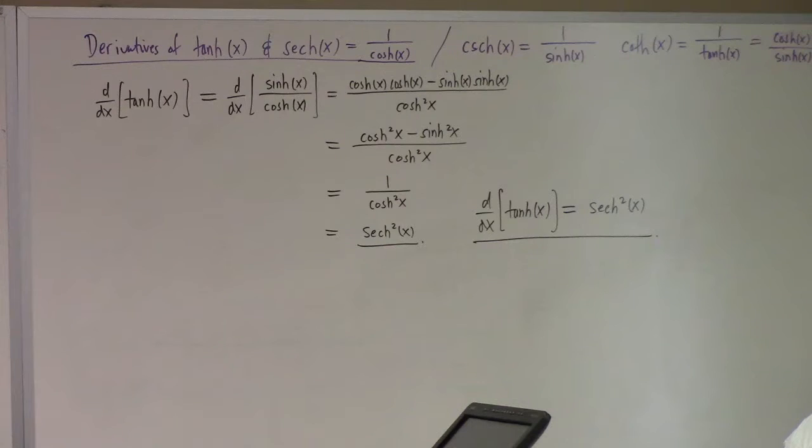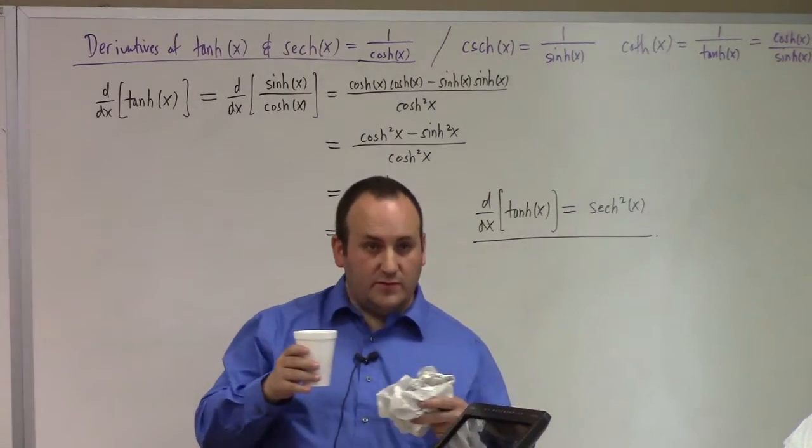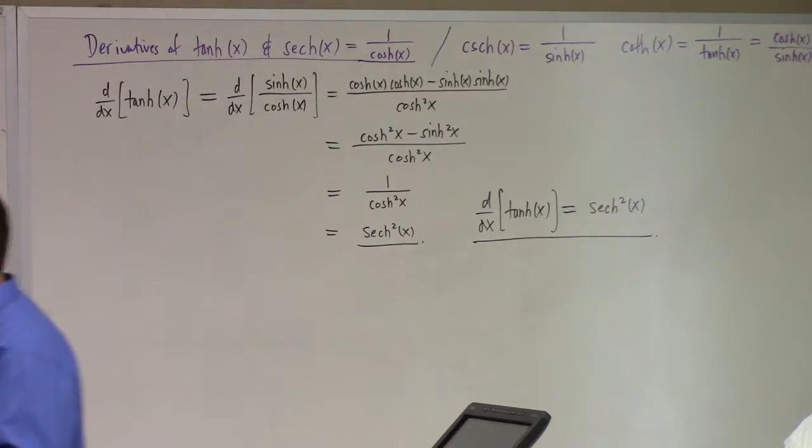Let's do another one of these. While I'm erasing the board, once you've finished copying that down, try to do it for hyperbolic secant and see what you get.